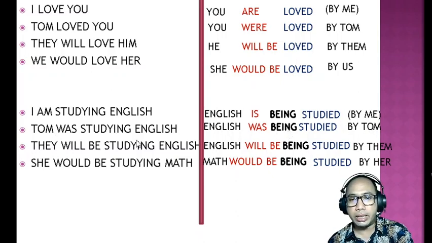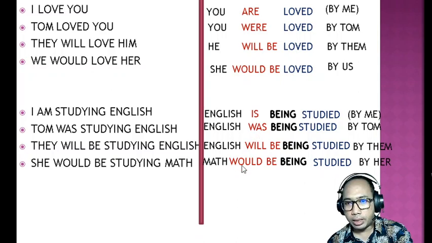They will be studying English. This is called future continuous. English will be being studied by them. She would be studying math. Math would be being studied by her. Okay?